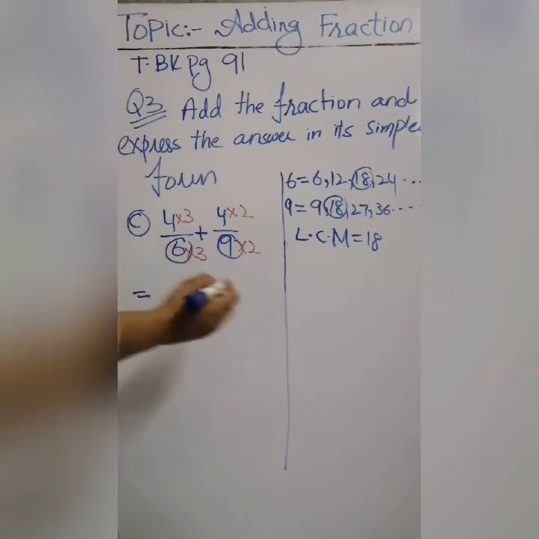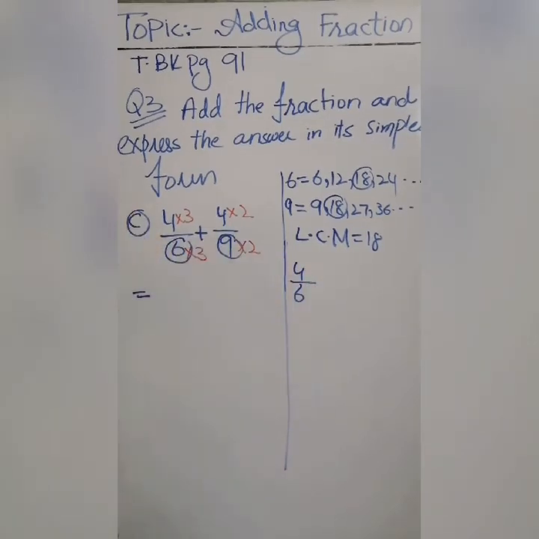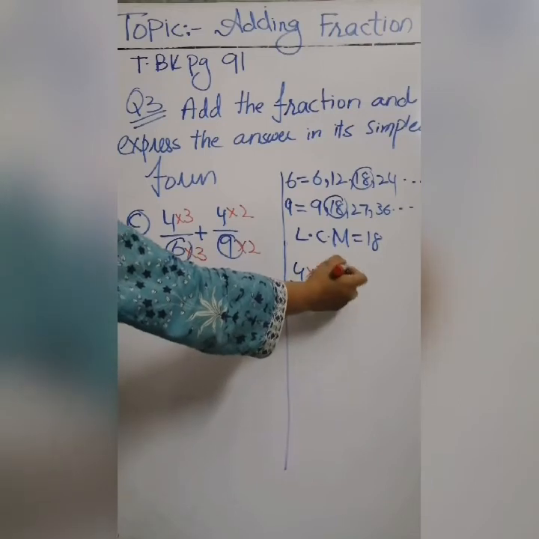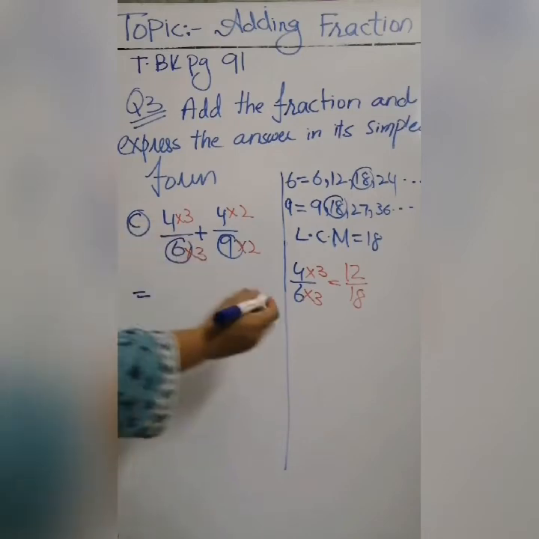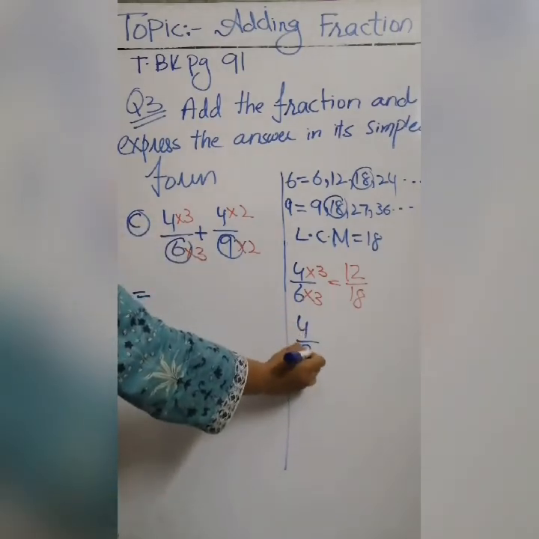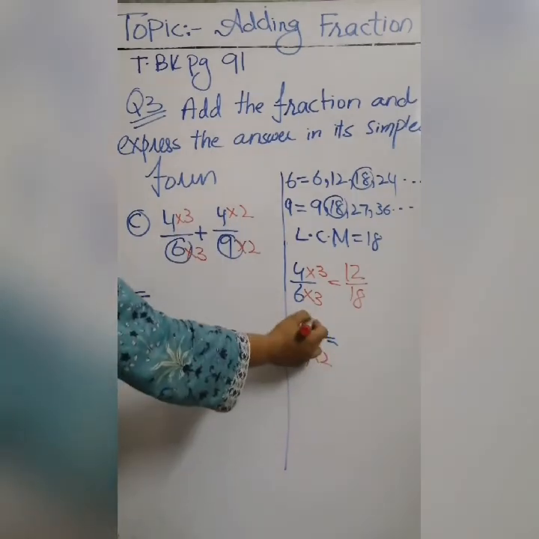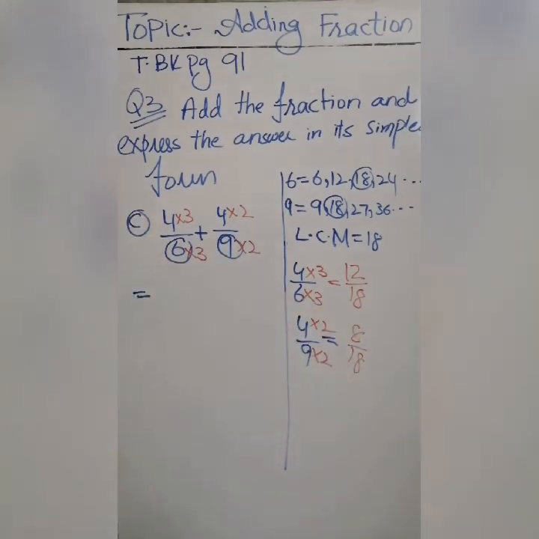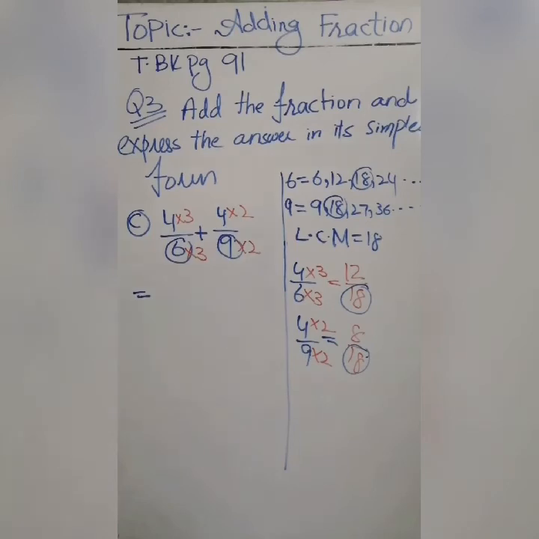We can also solve it here. 4 by 6, we multiply by 3, that is 12 by 18. And 4 by 9, we multiply it by 2, 8 by 18.